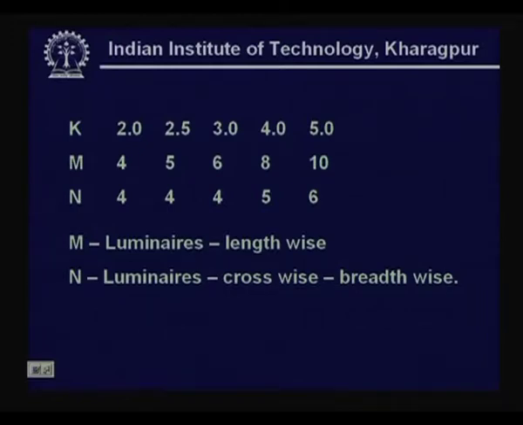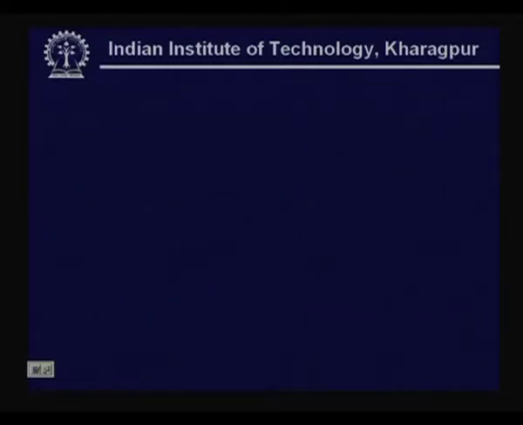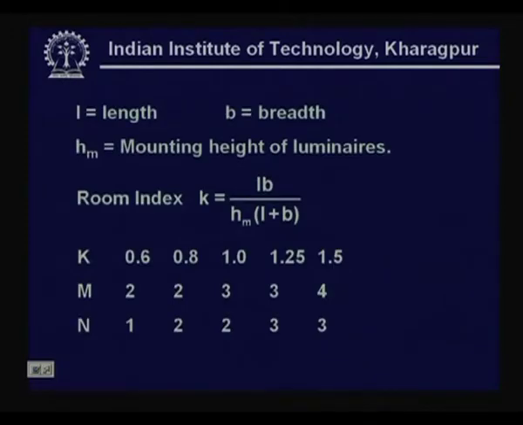So, go back to the first table. Look at this. For various values of room index, it specifies. As you can see, the room index increases as the area increases, and as the mounting height reduces, you can see the number of lamps that are required.